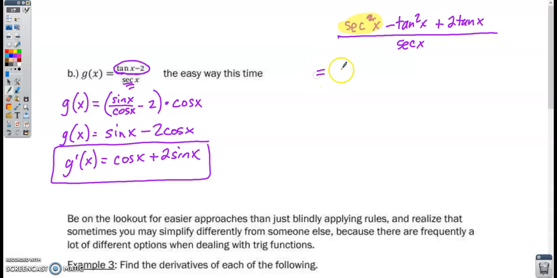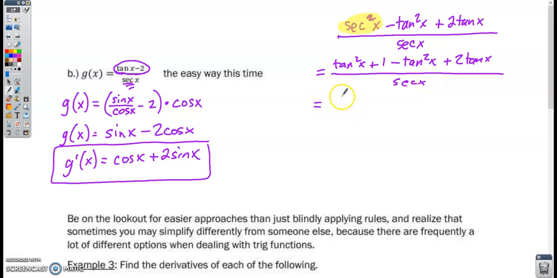And so this is equal to tangent squared of x plus 1, which turns our solution into 1 plus 2 tangent of x all over secant of x.